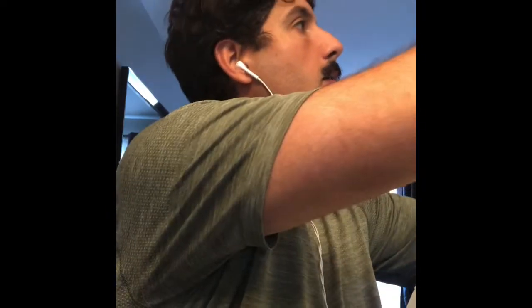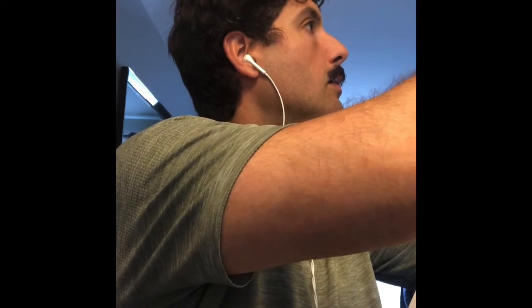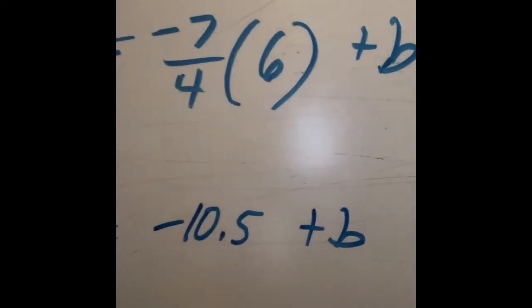So 0 equals negative 42 divided by 4, negative 10.5. Zero equals negative 10.5 plus b. Add 10.5 to both sides to get b by itself, and you find out that 10.5 equals b.